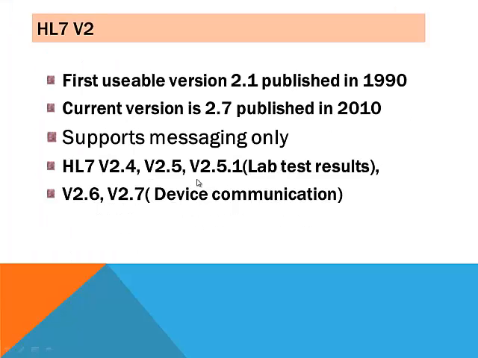So in these versions, the first usable version 2.1 was published in 1990. The current version is 2.7. It was published in 2010.